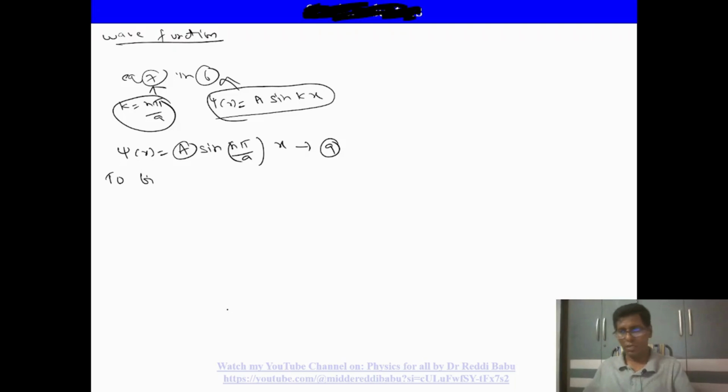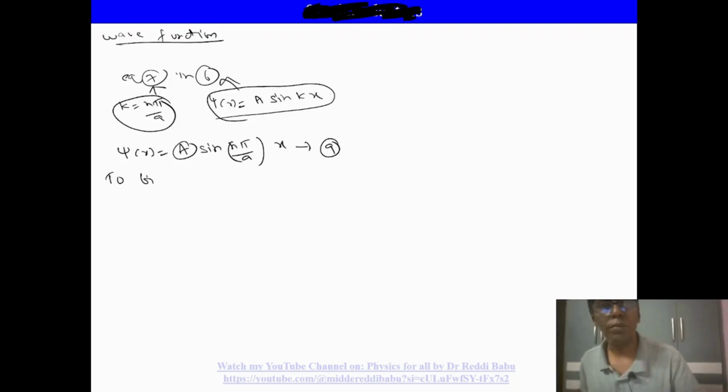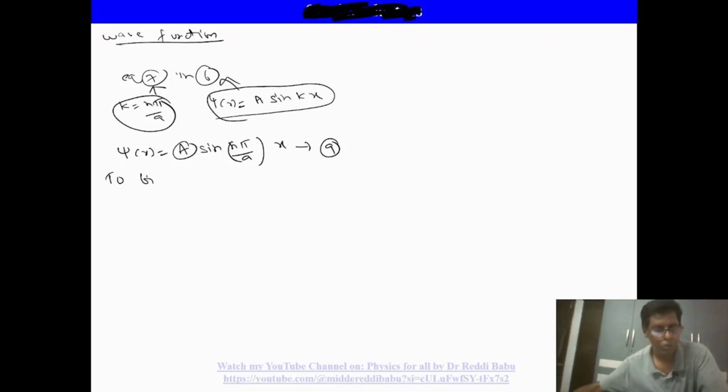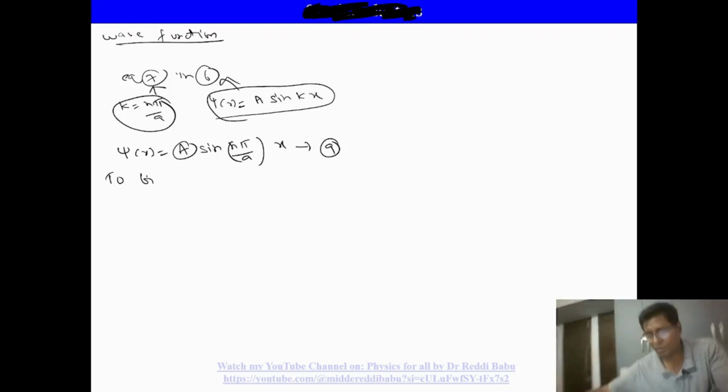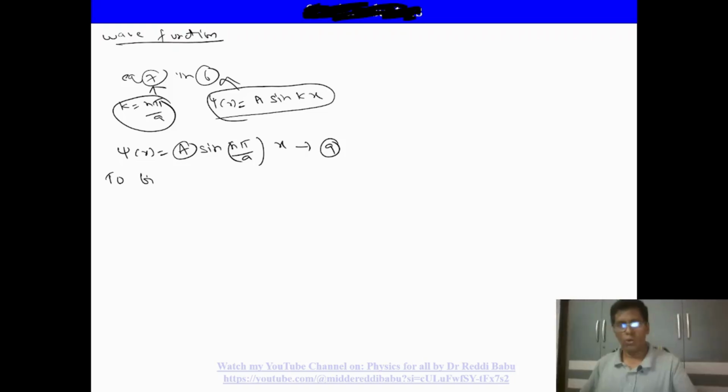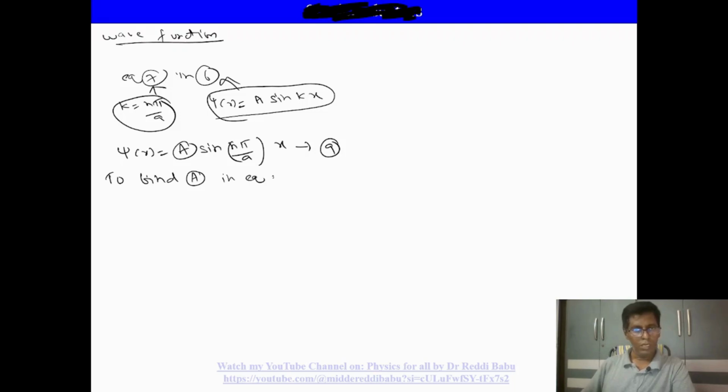So what is the normalization theorem? The total probability of finding the particle within the well is equal to unity. That is called the normalization theorem. Now we need to find the value of A in equation number 9.